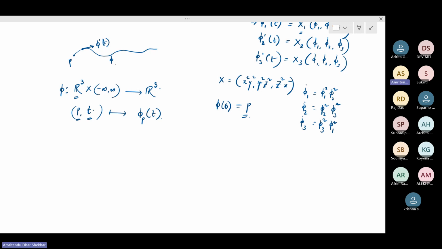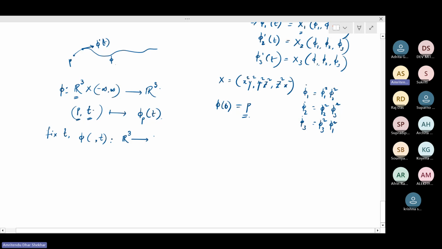If you fix the time, if you say, hey, I'm going to flow for only t units of time and no more, then let me write it down. If you fix t and consider this map phi in which the time parameter is fixed, it is now a map from R3 to R3.